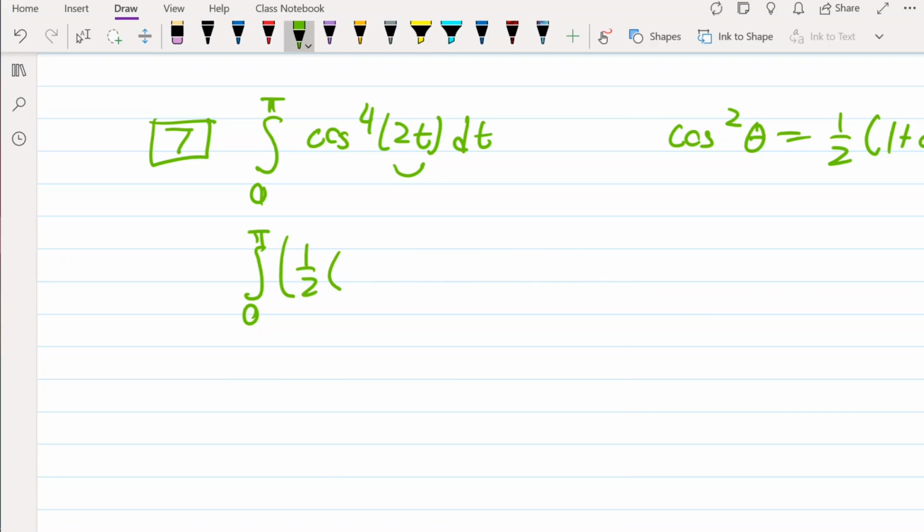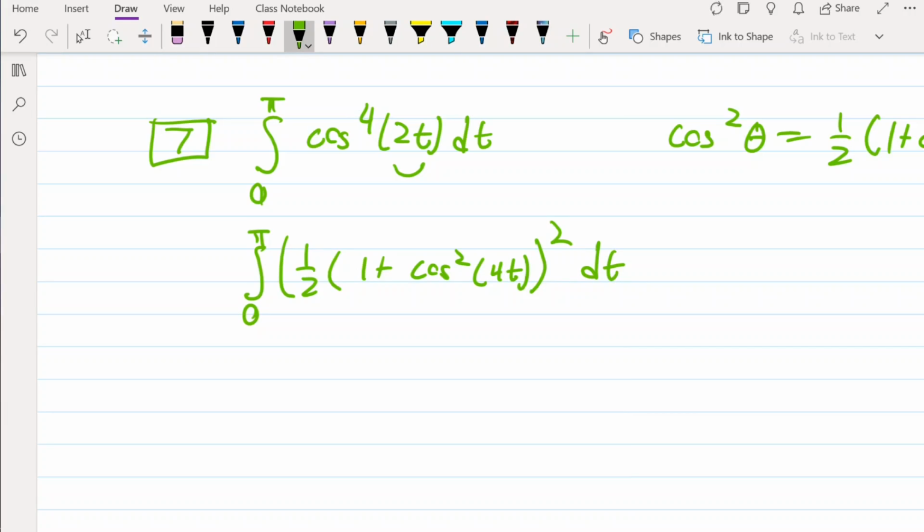So 1/2, 1 plus cosine of 2 times 2t, squared, plus cosine to the 4th of... I'm trying to do way too many steps at once. 1 plus cosine squared of 4t squared dt.